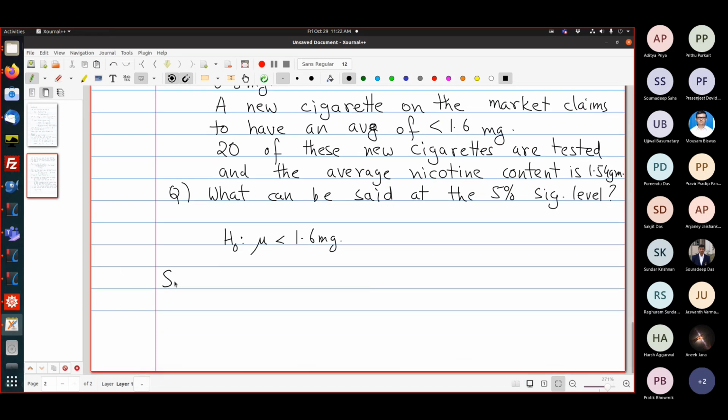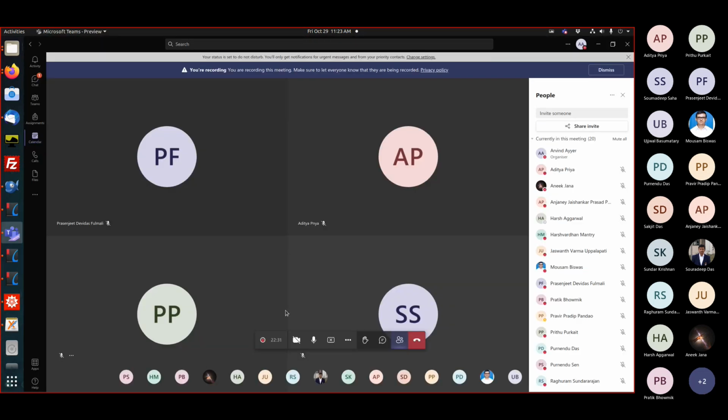So here, let me write maybe in red. Subtle point. Okay, so what is the point? When we started talking about hypothesis testing, what did we say? We have a null hypothesis, and we have some data.